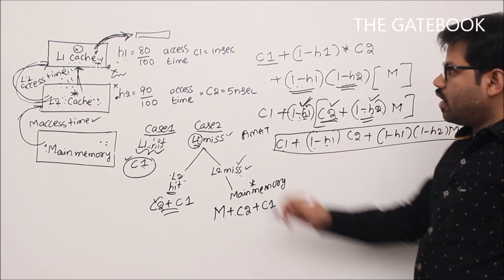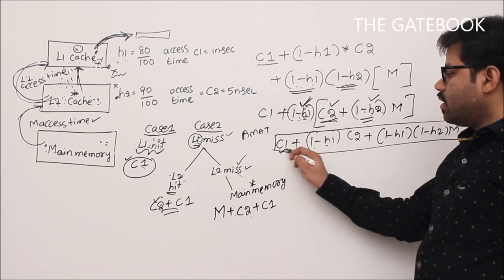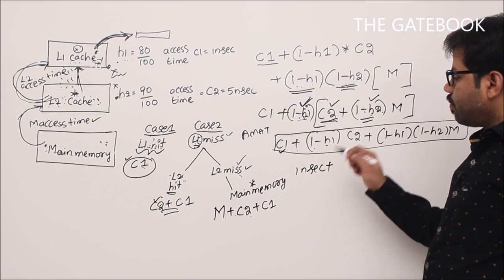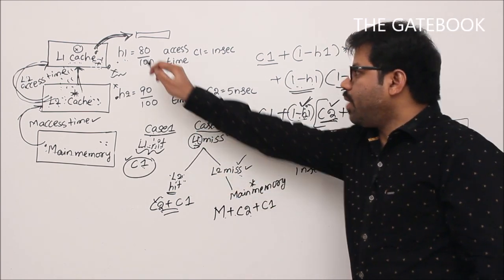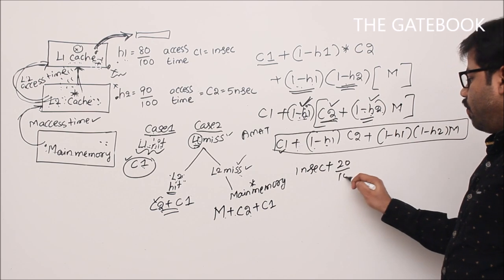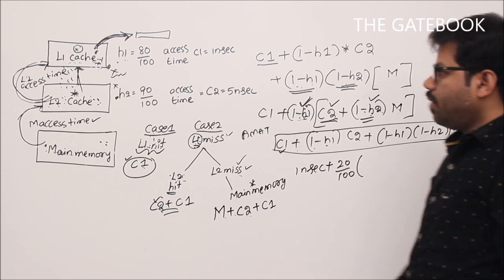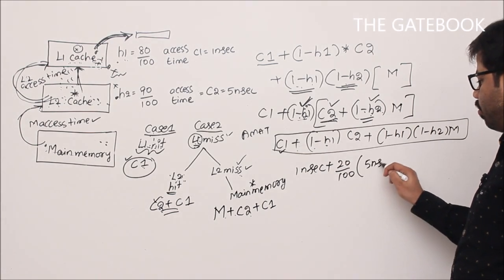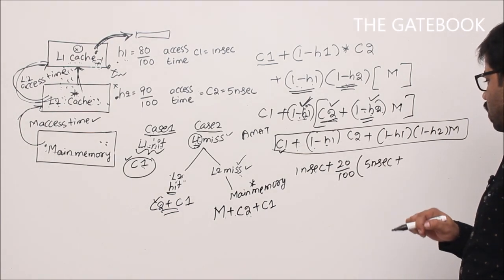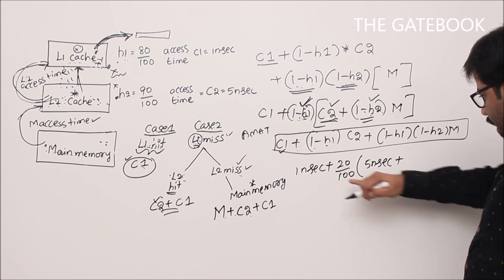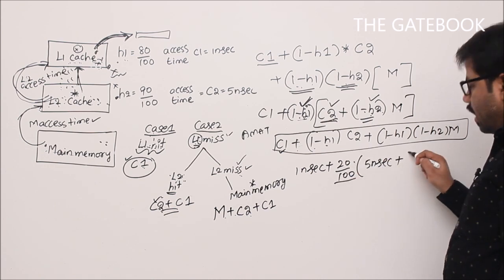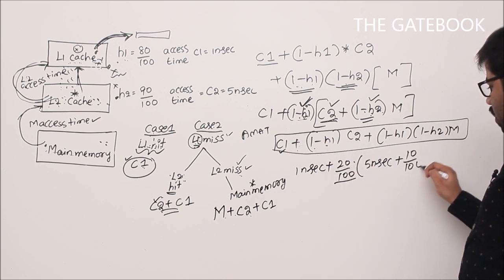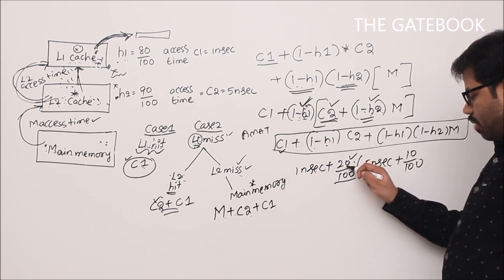Let us solve that numerical problem. C1, what is cache number 1 access time? 1 nanosecond, plus the remaining 20% of the time we will miss the first cache. At that time we will definitely access L2 cache, that takes 5 nanosecond compulsorily, plus. Now in this case, there is another case called L2 miss, that will occur 10% of the time. You see, already in 20%, that means we are in the rare case.